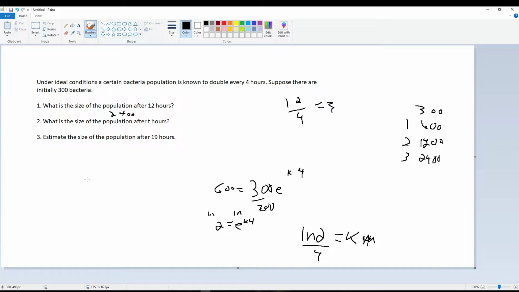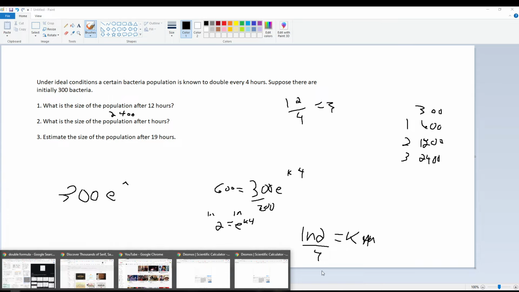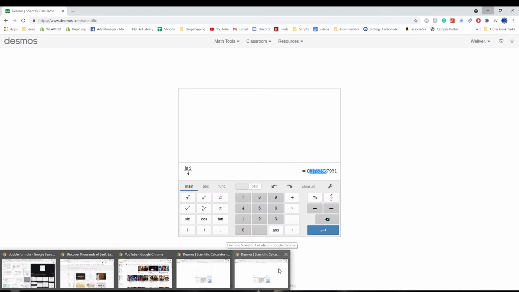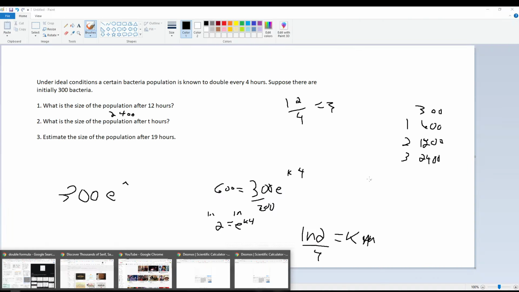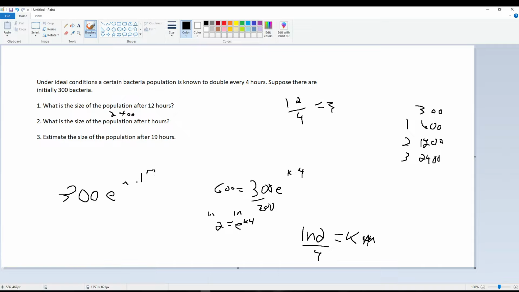So the size of the population is going to be 300 e to the power of that number, which is 0.17328, times t. So this is going to be your second answer.